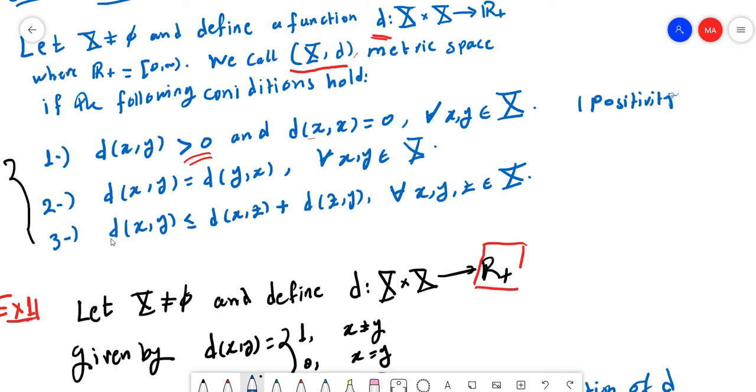The second one is symmetry. The third one satisfies the triangle inequality.